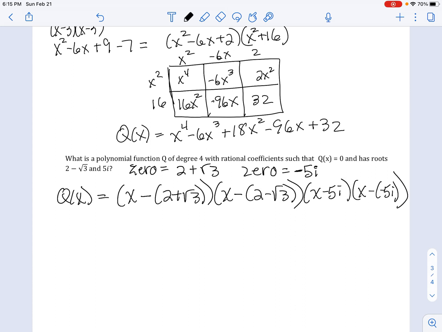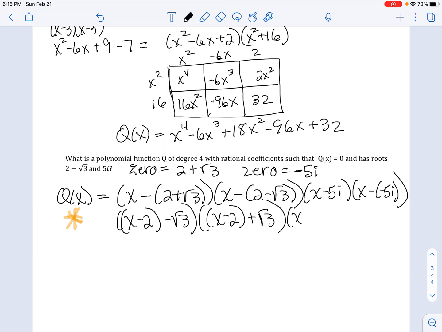If you know what the 0 is, to write the factor, it's x minus the 0. And now here's that important part where you regroup. So that's going to be x minus 2 minus root 3, and then x minus 2 plus root 3. And then, of course, you have x minus 5i and x plus 5i.